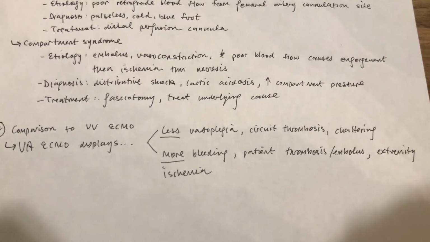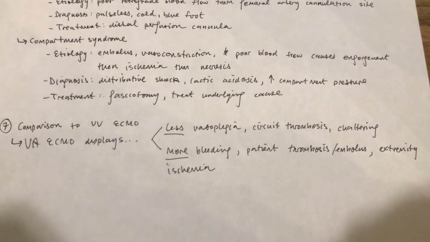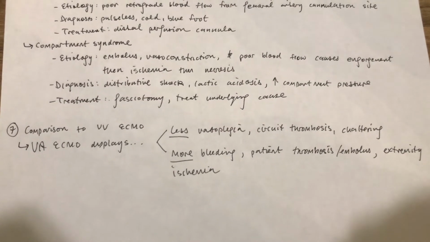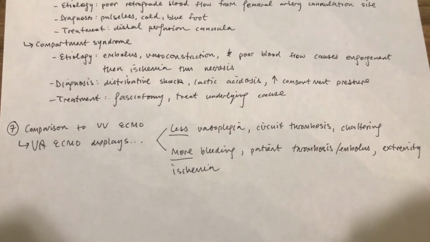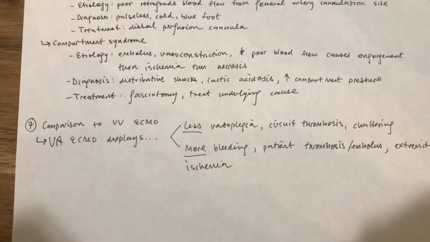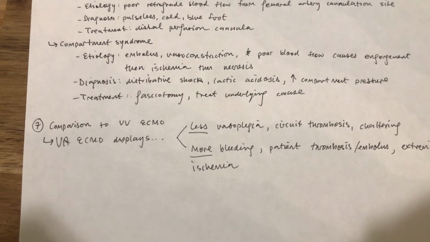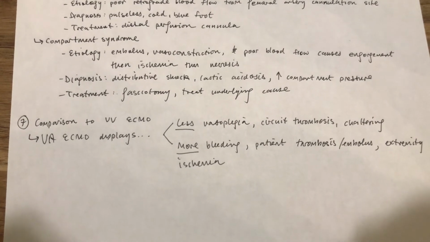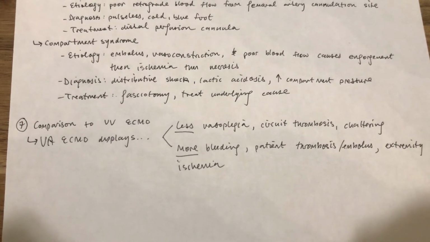The tissue will then become ischemic and die. When that tissue dies, it's going to release a lot of toxins in the blood, causing a very severe lactic acidosis and distributive shock.